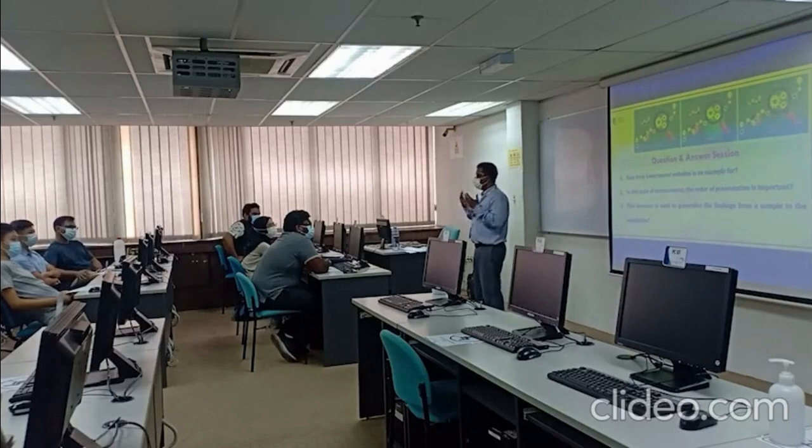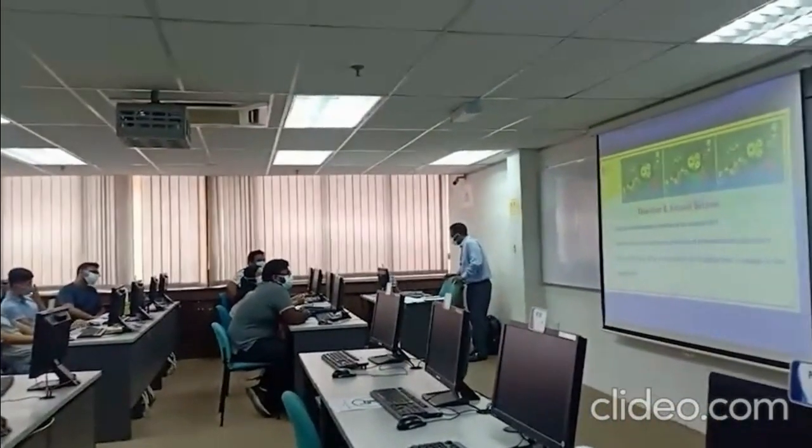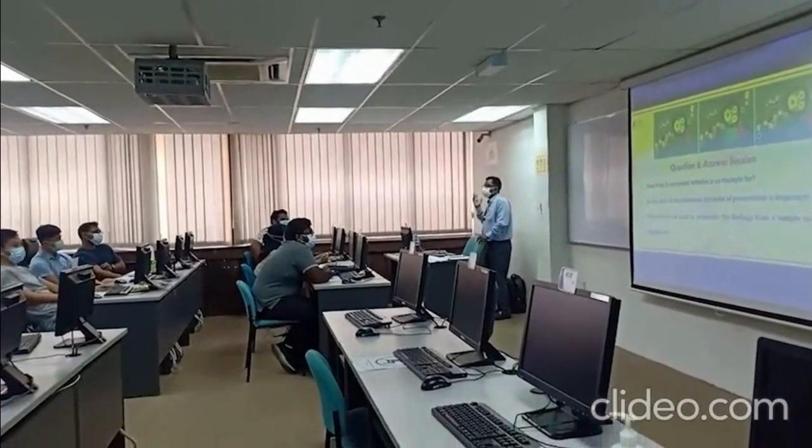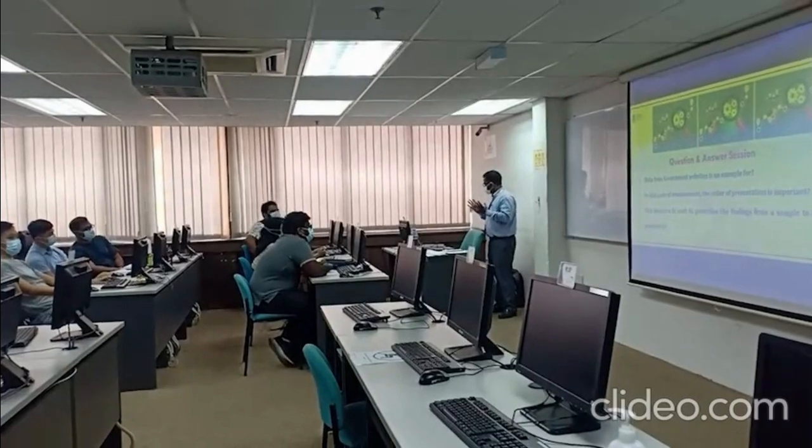Very good. Ordinal means order of presentation is very important. What is the third question? This measure is used to generalize the finding from a sample to the population. Inferential statistics. So you understood three major points.